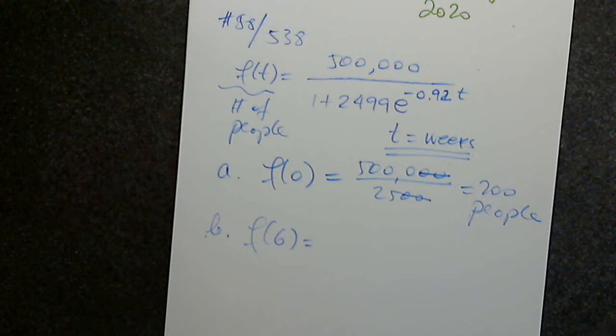The top is only one number, so you don't need to put that in parentheses, 500,000. But now you divide and you have to put parentheses, 1 plus 2,499 e. Please put the power of e in parentheses, negative 0.92, and x, don't forget x.